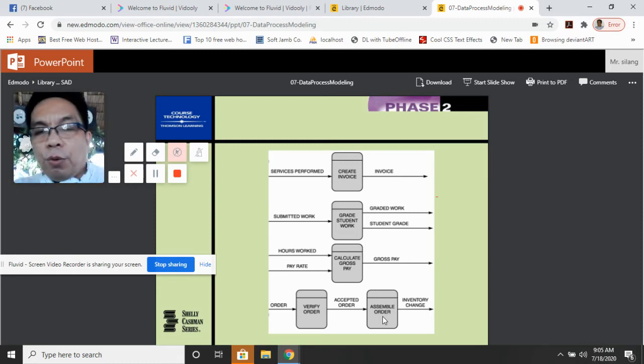Once you are through assembling the order, the output will be inventory change. So that's how we read data flow diagrams. As I've said, that will be our main purpose here, that you know how to read data flow diagrams. Again, this one is the input, we do the process, and it produces this output.